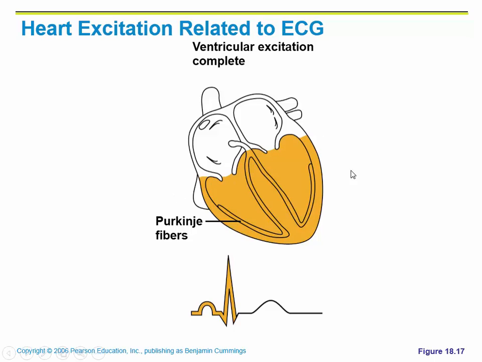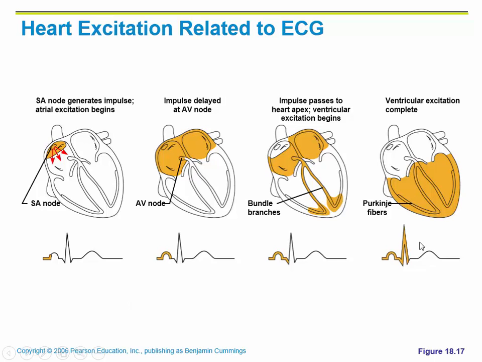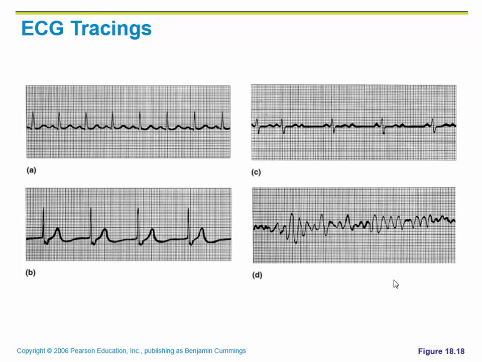So then we have full contraction of the ventricles, and you can see this point down here is called Q, the point at the top is R, and the point on the right bottom is S. So that's the QRS complex. And then finally, when we have relaxation of the ventricles, this is the T wave. This little bloop right here is the T wave, where the ventricles are repolarizing so that they can relax. So these are ECG tracings, and we're going to go through and figure out what is going on in each of these and what is wrong with the heart.